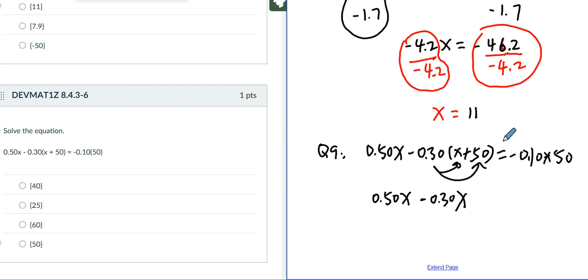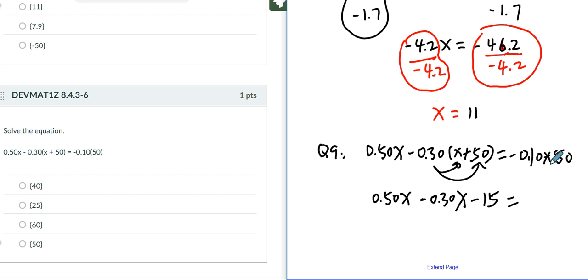Then what do we get? We then get negative 15. The way we get this is we use 0.3 times 5, 1.5, and there is a 0 over there. So that's 15.